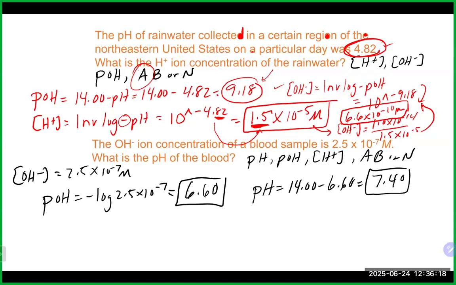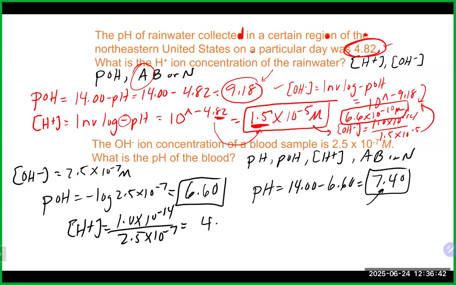And lastly, H plus. So again, since I do have the pH, I could do the inverse log of it. I could still do the Kw. So I'll go that route on this one: 10 to the minus 14 divided by 2.5 times 10 to the minus 7. So we'll go 1 times 10 to the minus 14 divided by 2.5 times 10 to the minus 7.